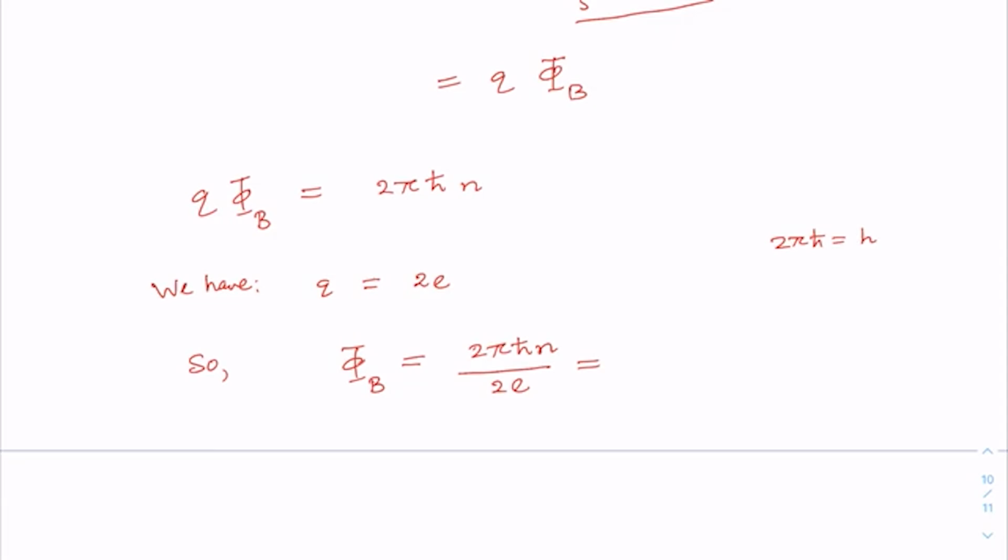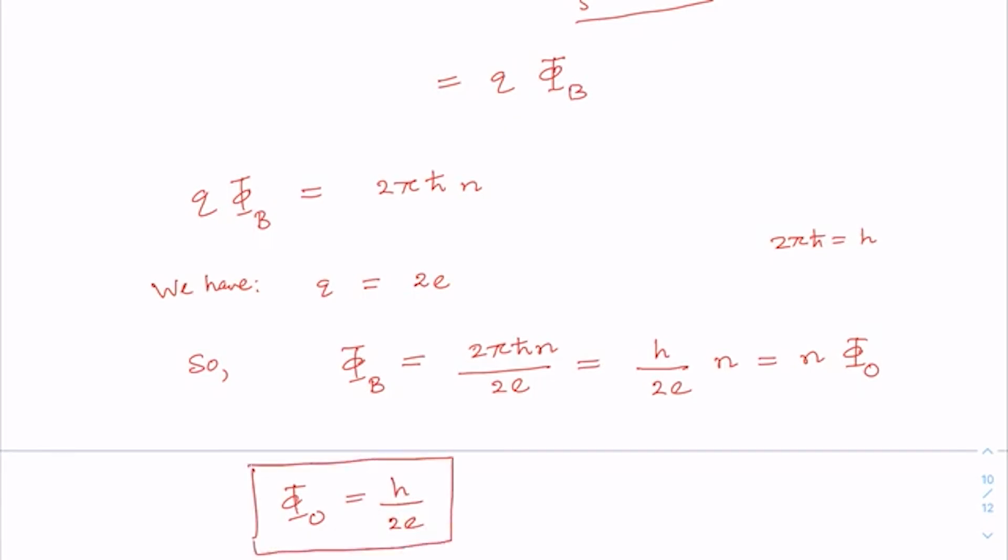So immediately you see I can write the whole thing as h divided by 2e into n, and I can then write n into phi 0. Phi 0 is the flux quantum, defined as h divided by 2e. So this is what we mean by flux quantization.